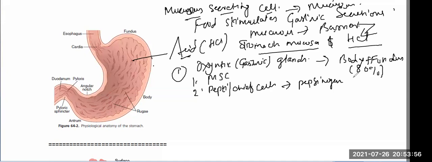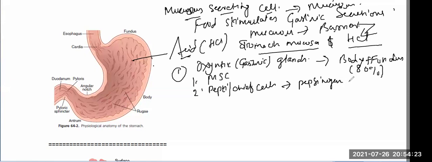It forms peptones and proteases, peptones and other polypeptides. So the proteins are not completely digested. Complete digestion takes place in the duodenum.